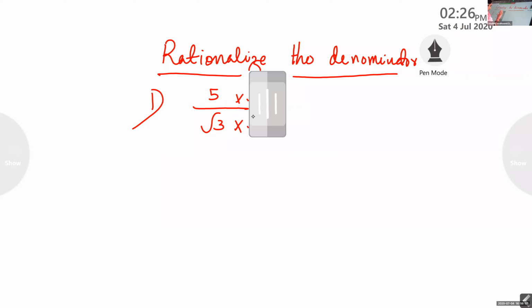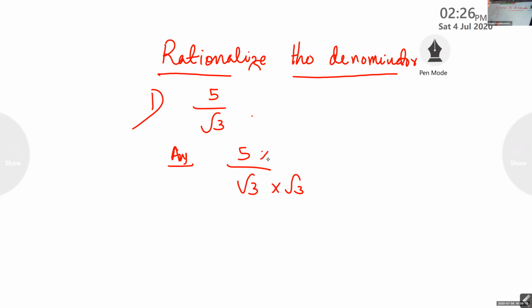Again, when you write the answer, you have to write it like this, not in the same step. 5 root 3 into root 3, again into root 3 in the numerator also. So 5 into root 3 is 5 root 3, but root 3 into root 3 is 3. This is the answer. Clear? Did you understand? Yes, ma'am.